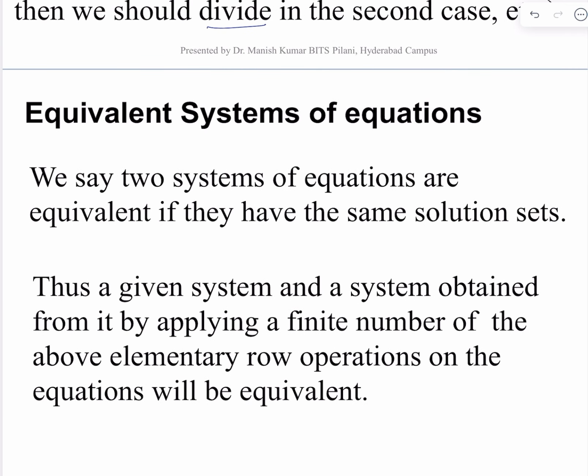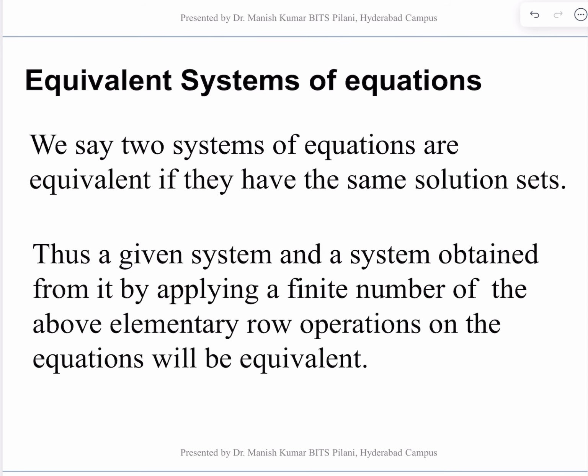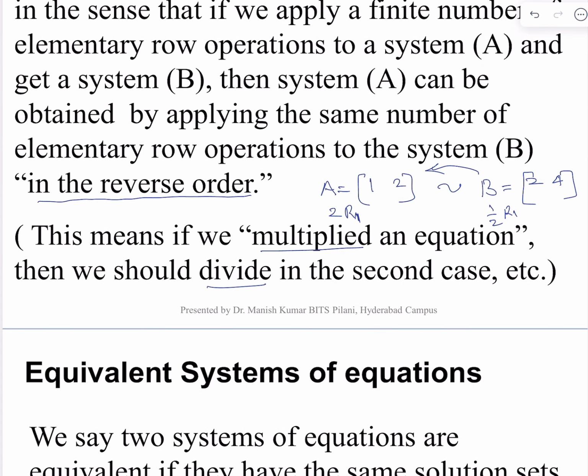And the equivalent system, right? What is an equivalent system of equations? We say that two systems are equivalent if they have the same solution sets. So now if you see here, A and B are equivalent because B is obtained after applying a finite number of elementary row operations.